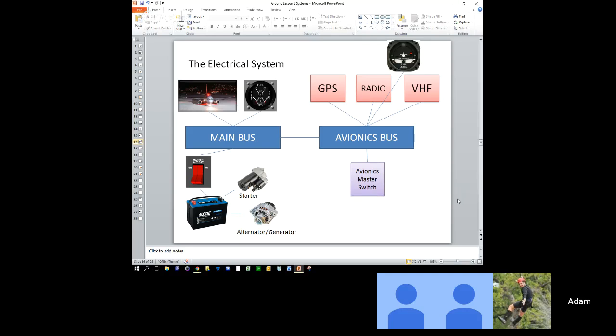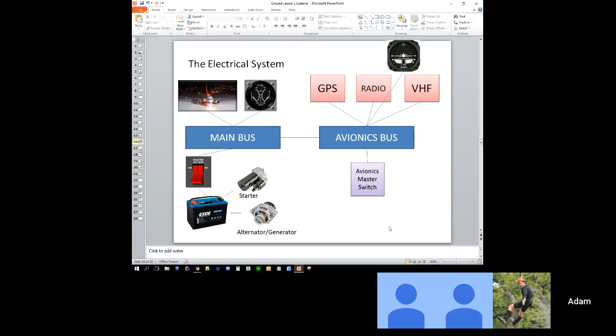And in the event that you don't have or lose your alternator or generator, the battery is there to run the entire electrical system. But as you may know, the battery only has so much charge in it. So at some point, that battery is going to run out of juice.